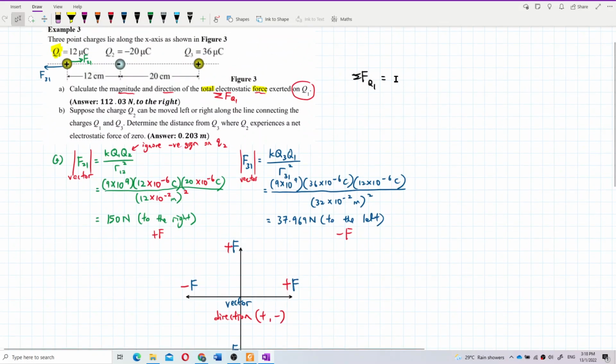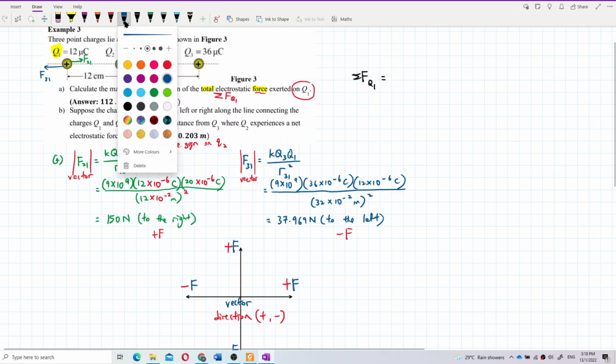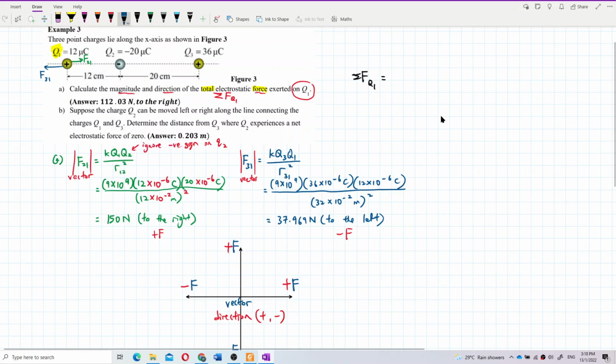Okay, so now to find the resultant force on Q1, total up F21 and F31. We can see F21 is a positive force, so it is a positive F21. However, F31 is to the left, so it's a negative force, so we should put a negative sign for direction, negative F31.